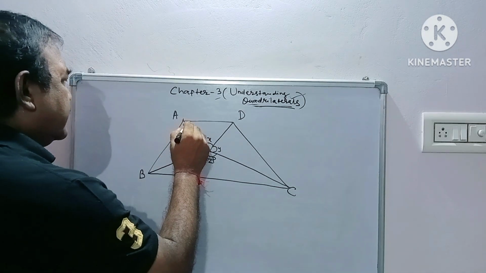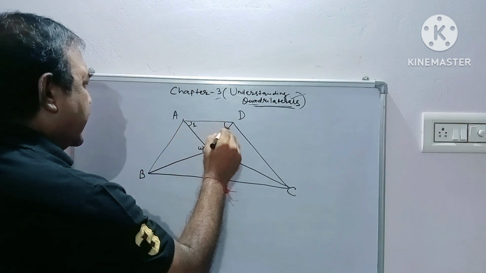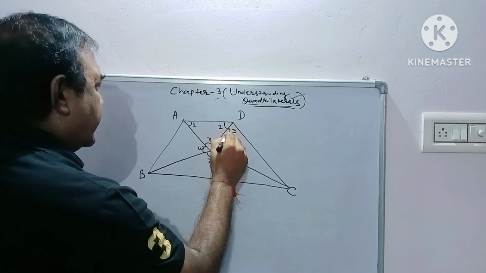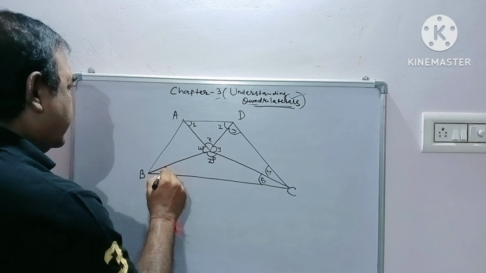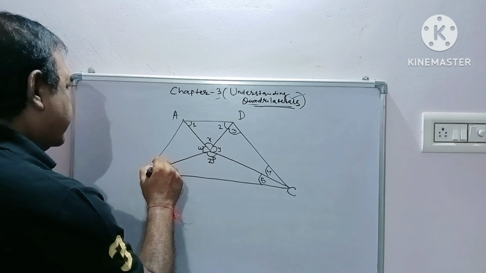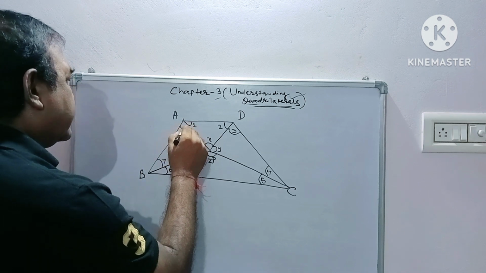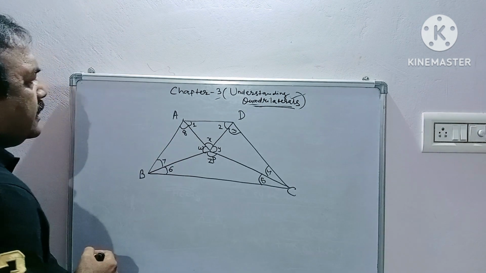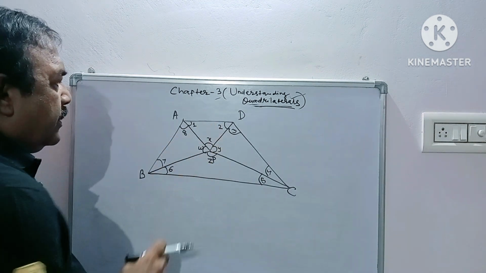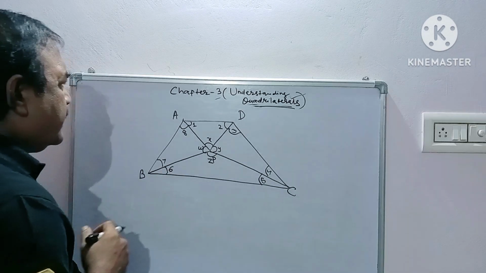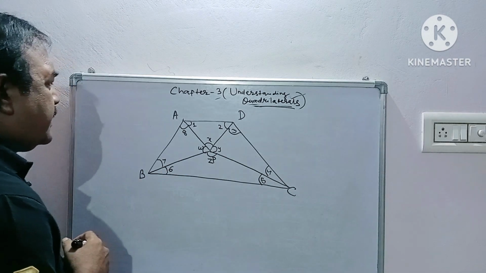And suppose this is angle 1, this is angle 2, this is angle 3, this is angle 4, this is angle 5, this is angle 6, this is angle 7, and this is angle 8. So we can see here 4 triangles. So what we will do here, you see.